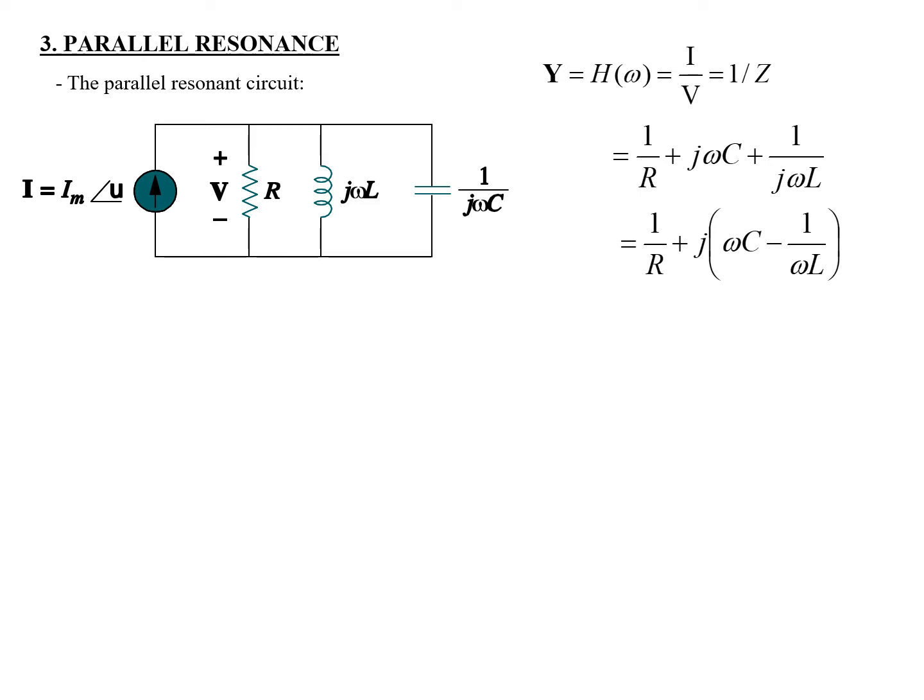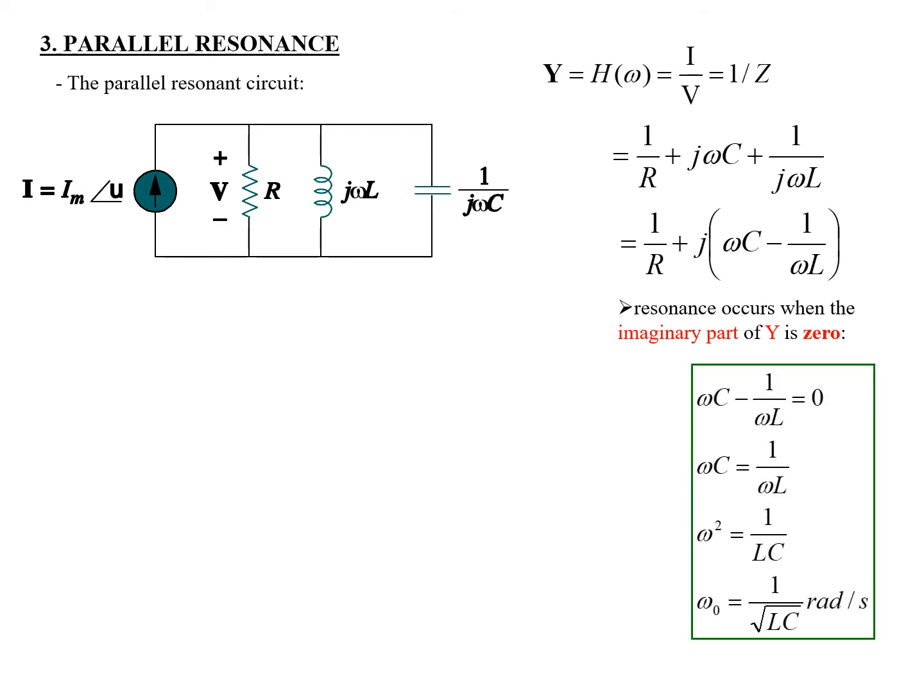Collecting the imaginary terms, you'll see that j has components of ωC minus 1 over ωL. Resonance occurs when the imaginary part of the admittance Y is 0. Doing this, we'll obtain the same ω0, the resonant frequency, which is 1 over square root of LC.